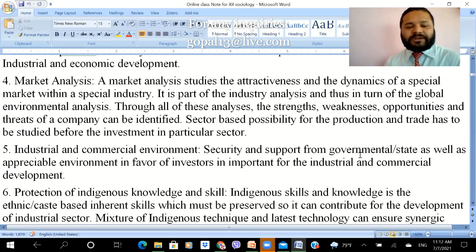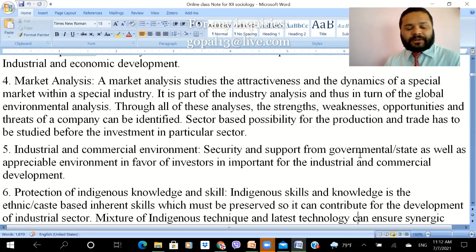Okay, production of indigenous skills, knowledge and skills. Most of the scientific development has emerged from the hunting and gathering periods, right? People have learned to develop airplanes through the investigation of a vulture, right?